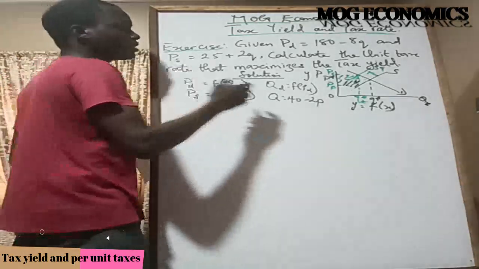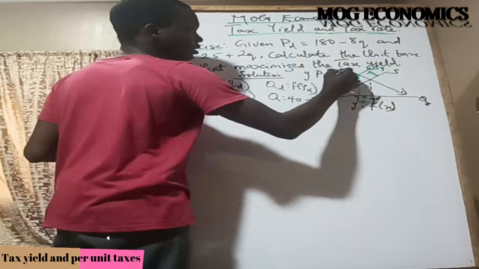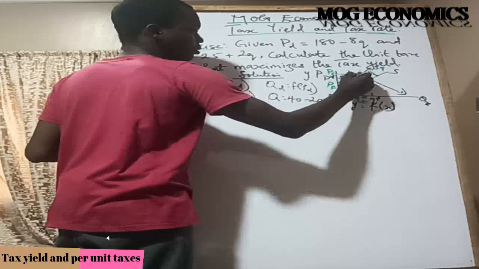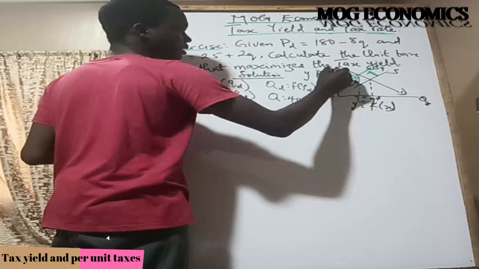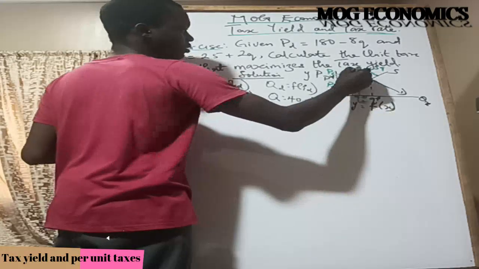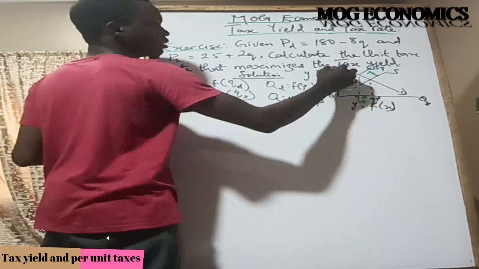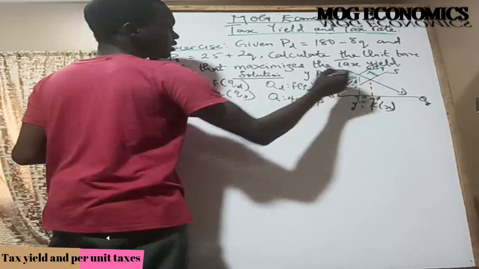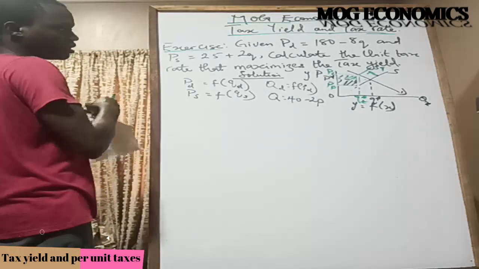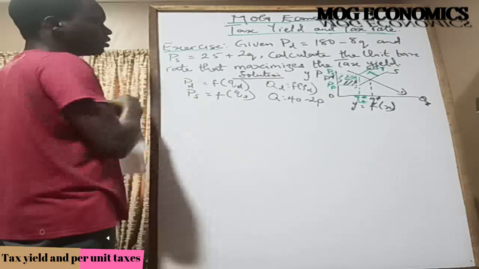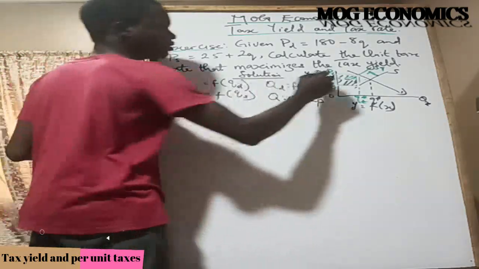What we're just trying to say now is that this is the tax yield. This entire box represents the tax yield, the tax revenue. Let me just shade it properly.